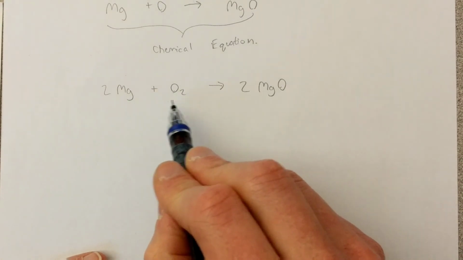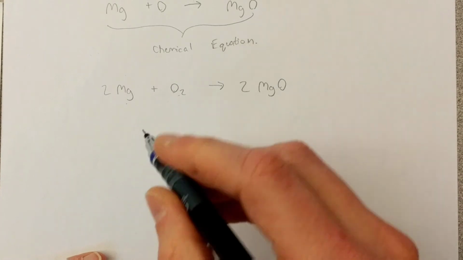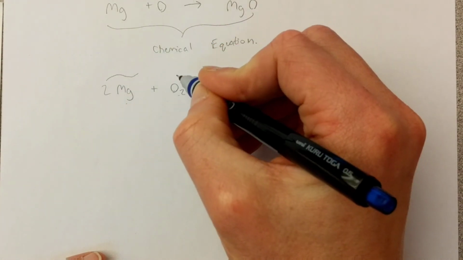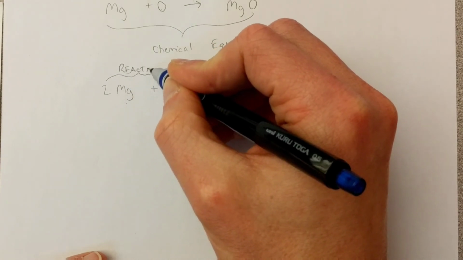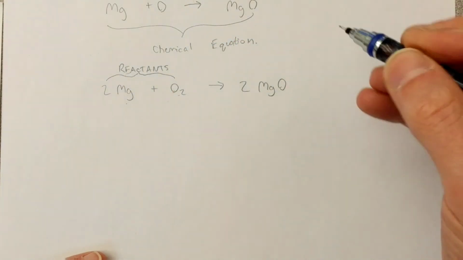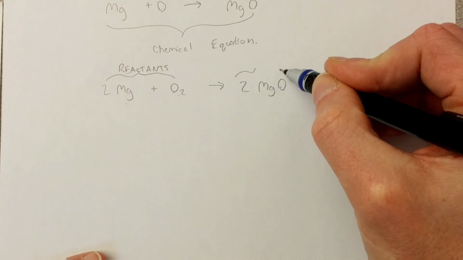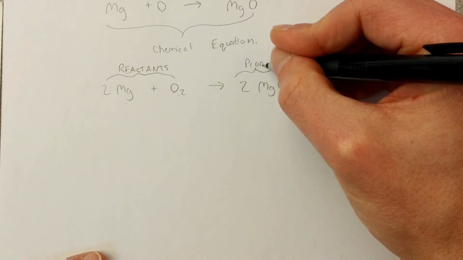The stuff that we start with, the magnesium and the oxygen, on the left-hand side of the equation, is called the reactants. The stuff that we create, or the stuff that we end with, anything and everything on the right side of the equation, are called products.